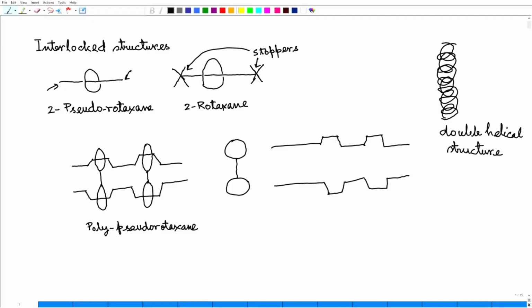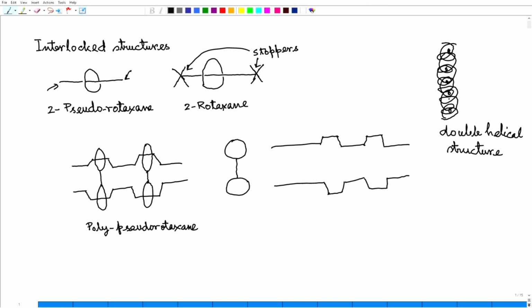Here you can have metals, metal helicates. Those structures are difficult to draw, but they exist, and I will try to give some photographs in my notes so that you can have a better understanding of double helical and triple helical structures.